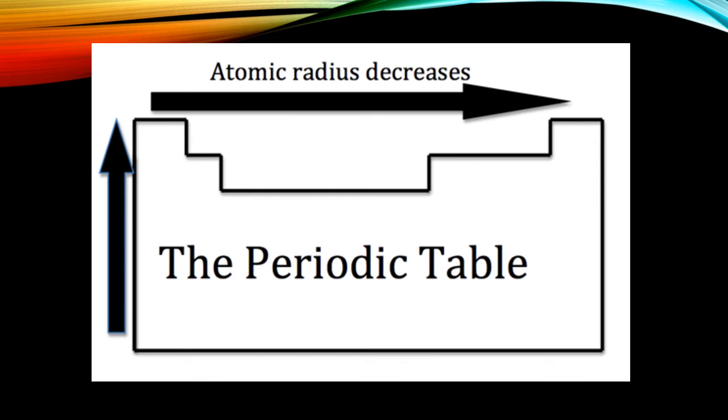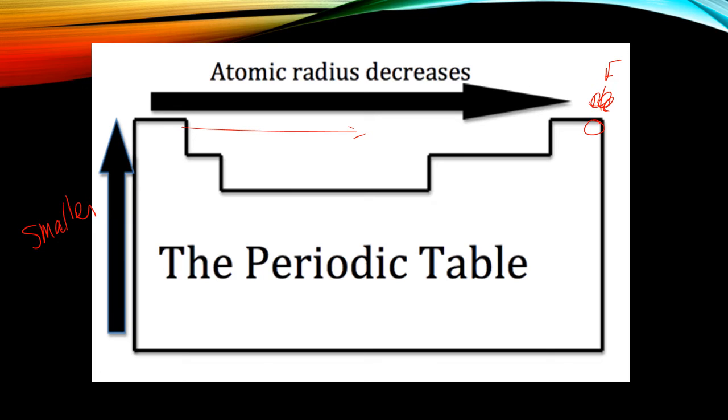So the trend is, as you move up the periodic table, they get smaller, or as you move down, they get bigger. And as you go this way, the atoms also get smaller. Helium is the littlest guy on the periodic table, even though we don't deal much with him because he doesn't play chemistry games. So after helium, the little guy that you should deal with is fluorine.